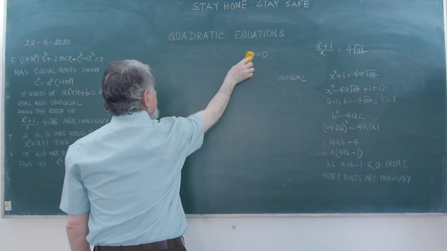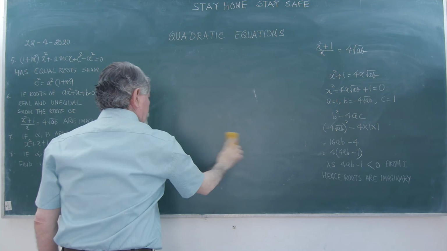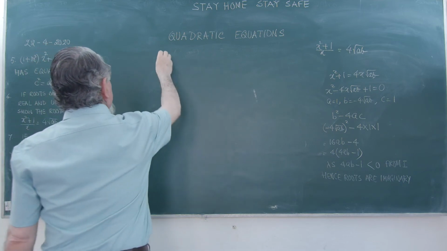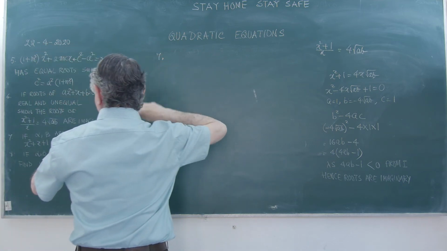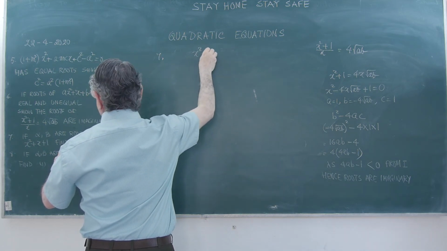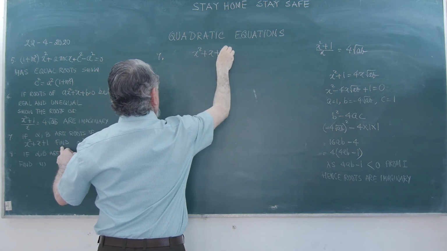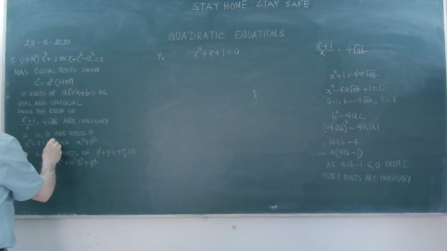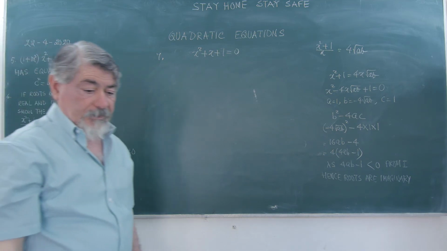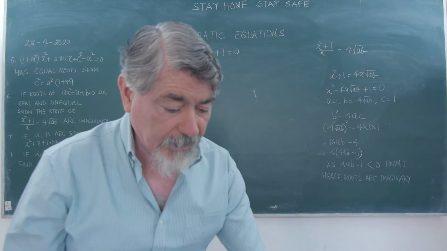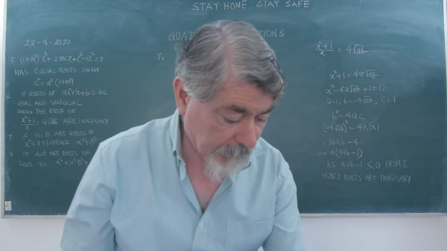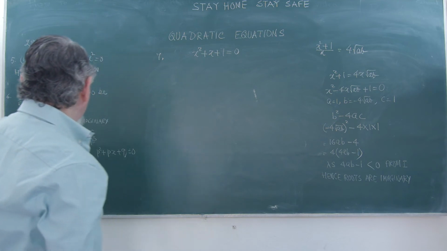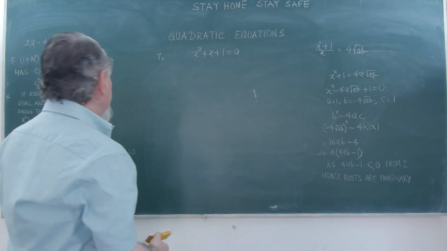Now let us see question number 7. He says alpha beta are the roots of this equation, x square plus x plus 1 is equal to 0, and I have to find the values of the given things.